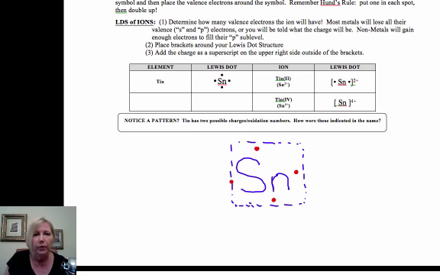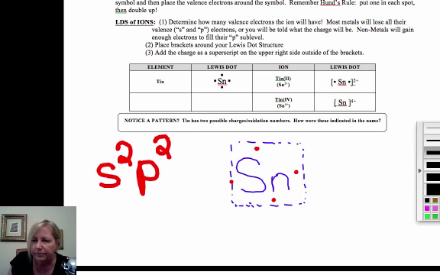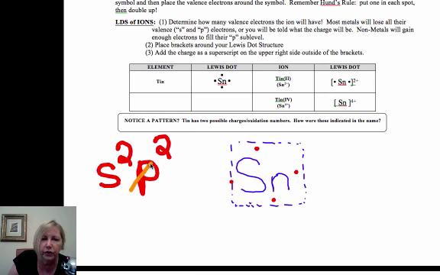Right? Now, we want to do ions. Tin was one of the ones that ended in s2, p2. So if it lost its p2, that's what this is showing, we form the tin plus 2 ion. Notice we indicate that with a Roman numeral. We get a little bit into naming.